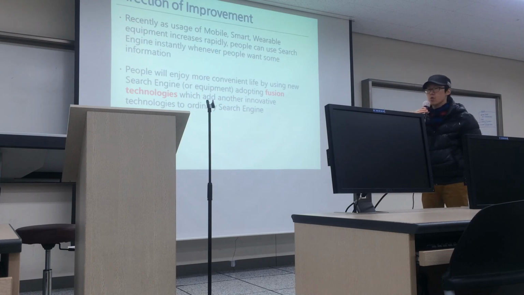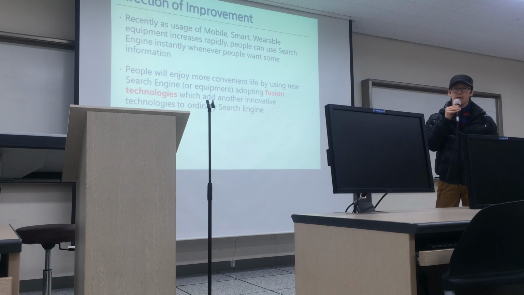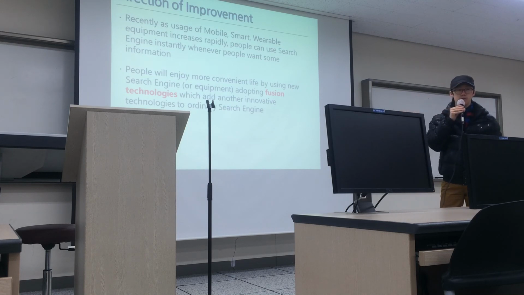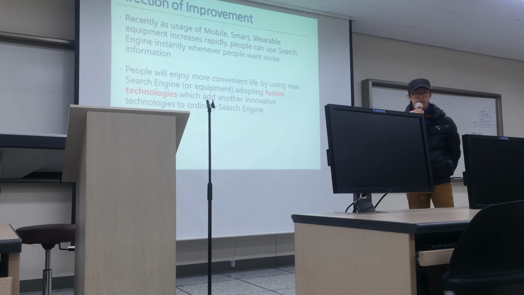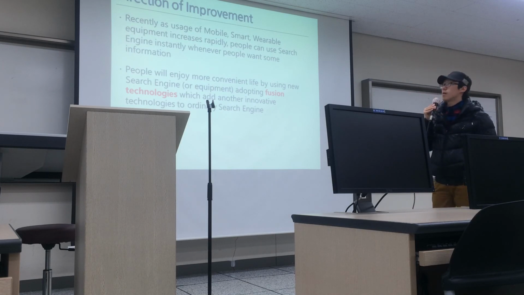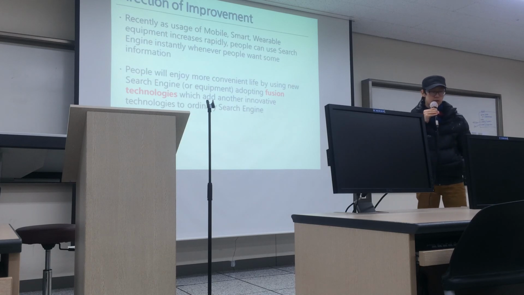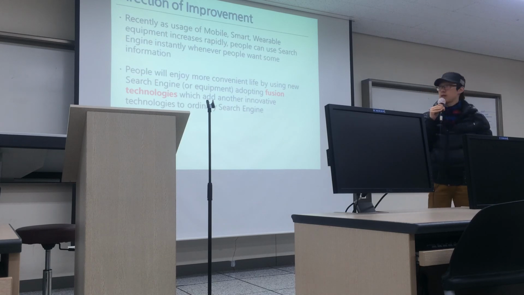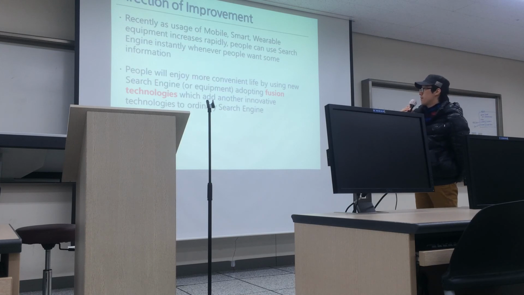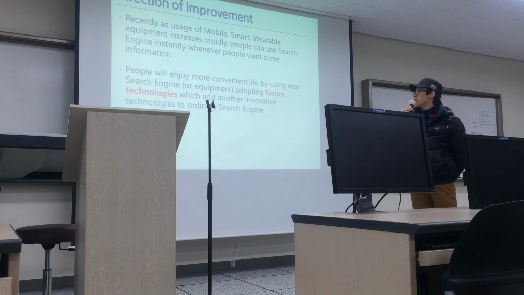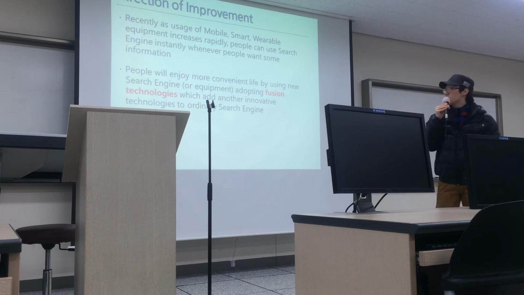And I think people will enjoy a more convenient life by using search engines adapting fusion technology. These fusion technologies include, I think, location-based technology. These fusion technologies add other innovative technologies to ordinary search engines. Next.